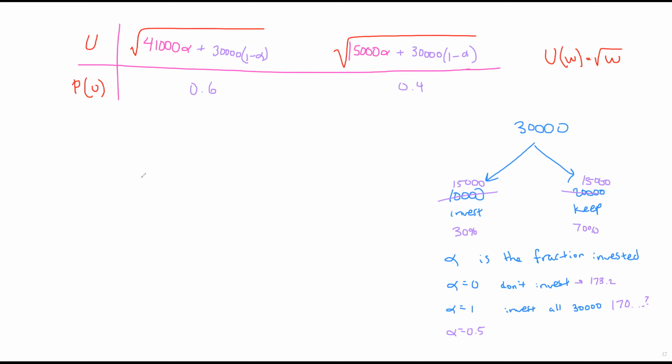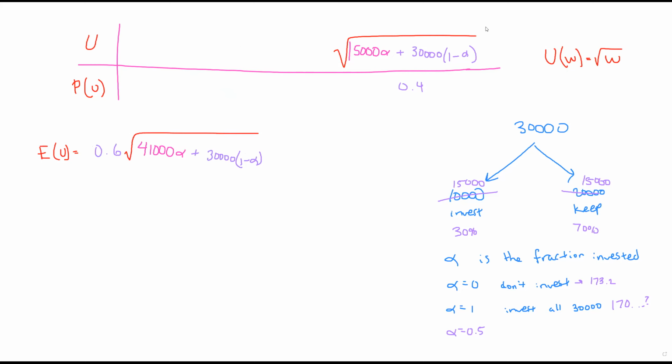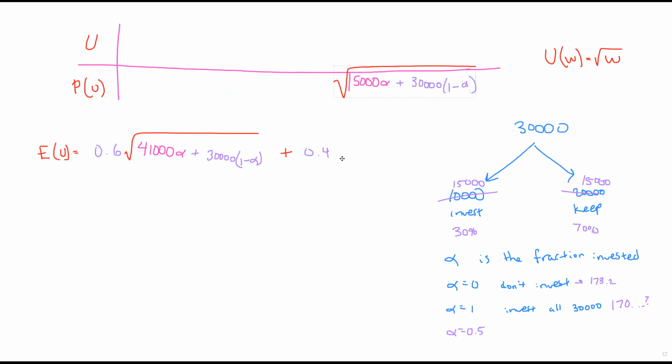At this point, I'll do a little bit of the math, and you probably should do a little bit of math yourself. If I want to find the expected value of my utility here, I just take the 0.6 and multiply it by this, and then plus 0.4 times this.